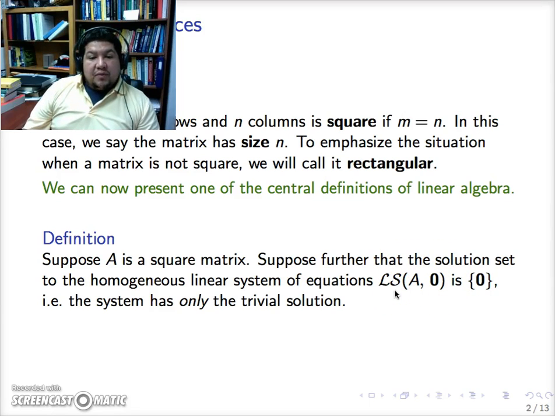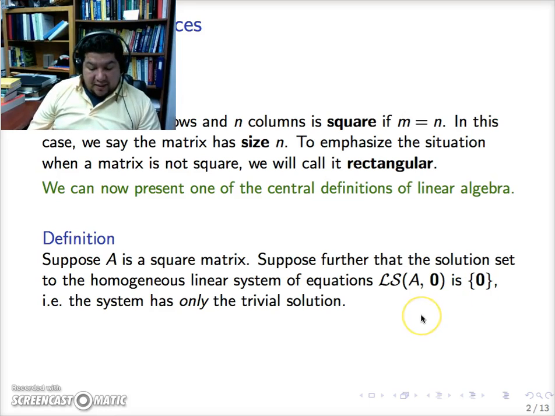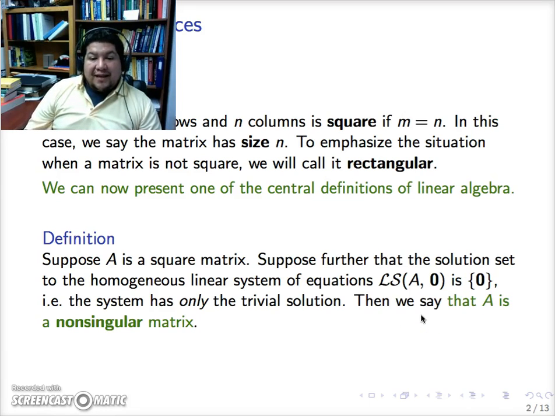Furthermore, assume that the solution set for the homogeneous system of equations with that matrix A as the matrix of coefficients is the trivial solution. The trivial solution, and the trivial solution only, is the only member of this solution set. In such a case, we would classify this square matrix as a nonsingular matrix.